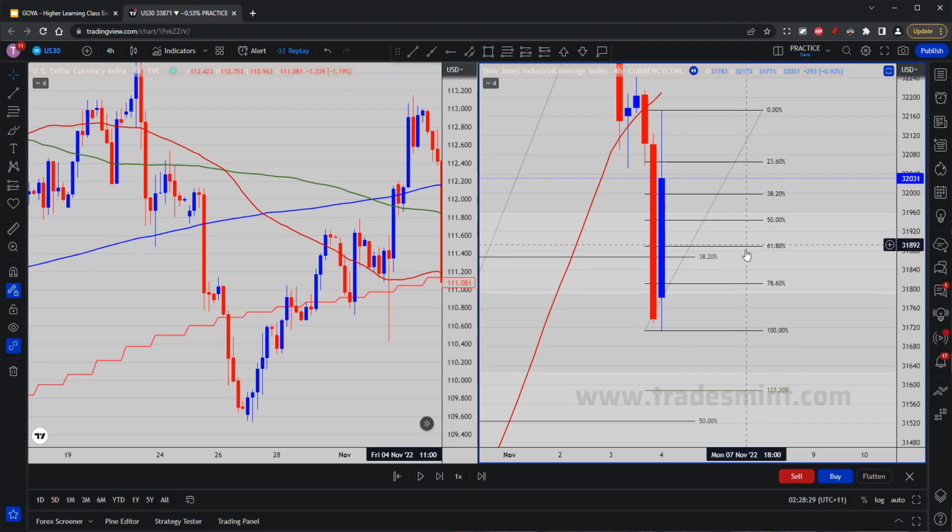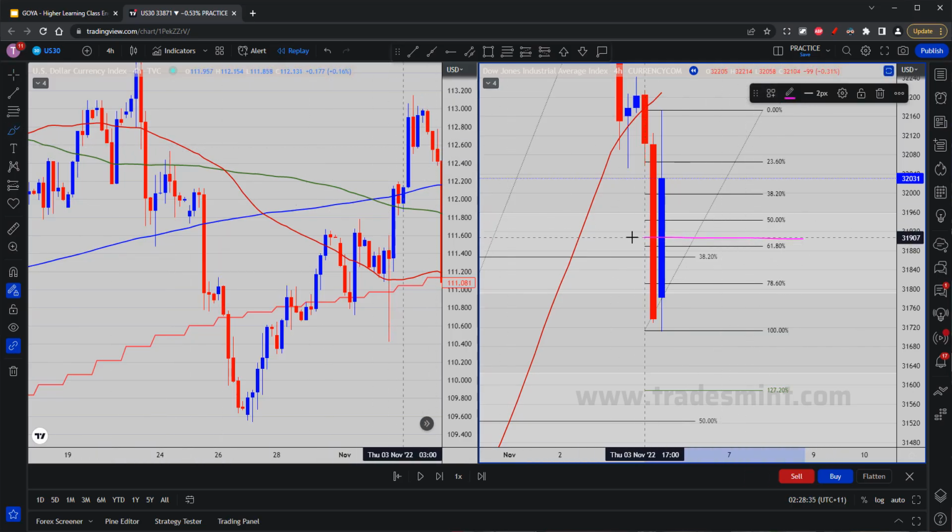Okay, we have a confluence here between the 2 points. So my area of interest would be basically this area right around here, basically 31,880, 875, something like that. Okay, this whole area here. I want to see the price coming back here, and I want to see the price bouncing back up.